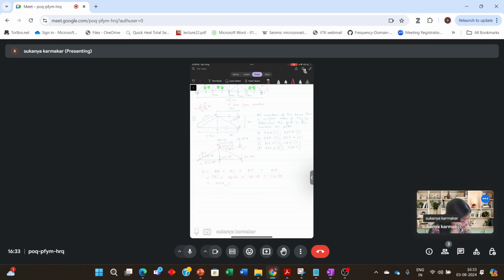Then plus 58.86, plus the contribution from the member ED. ED is 2 meters in length, so the contribution will be 78.48 and 78.48 here as well.